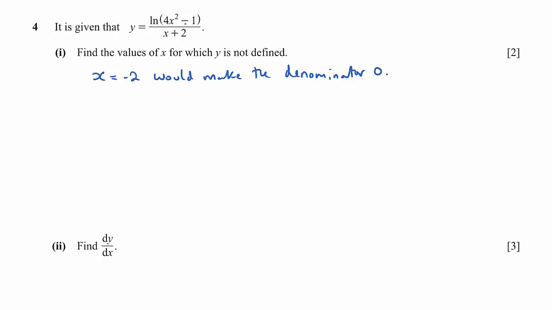We also know that we cannot take the log of 0 or anything negative. So we have to have that 4x squared take away 1 is greater than 0. So that means that 4x squared needs to be greater than 1, which means x squared needs to be greater than a quarter.